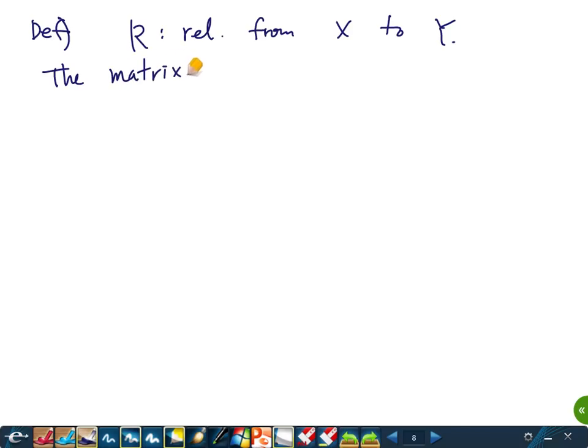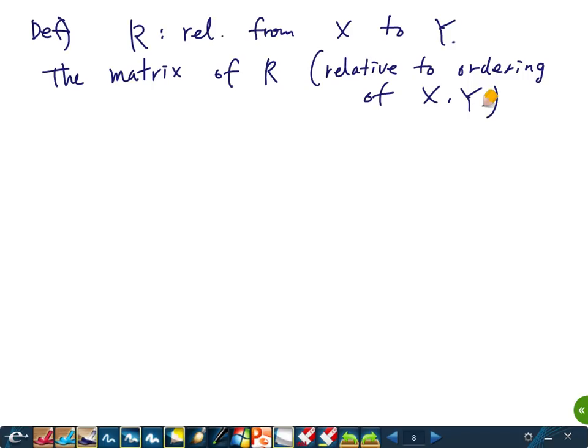All right. So let me write down the precise definition on the next page. Definition: R is a relation from X to Y. The matrix of R relative to an ordering of X and Y. So we assume that we are given a certain ordering because we want to order the rows and columns accordingly.